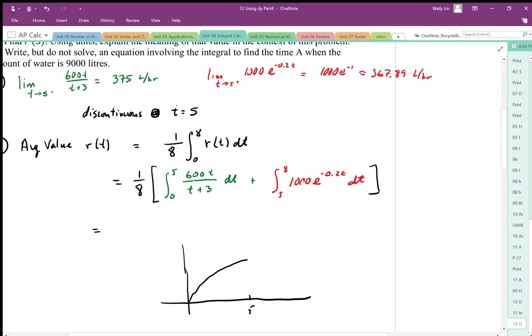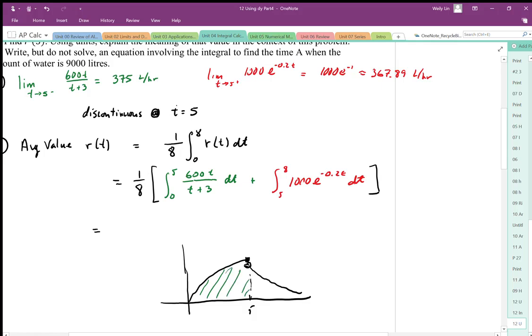And for the other part, it looks like it's going to be just slightly below, and it's going to be an exponential decay like this. So I want to find the area here in green. Again, I'm going to use my calculator to do this.